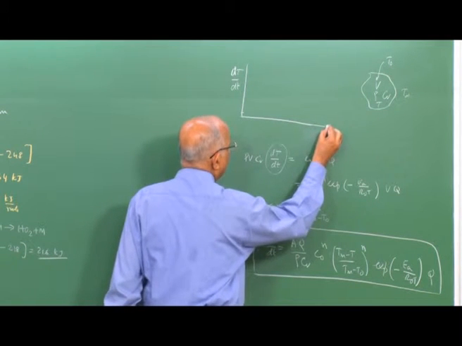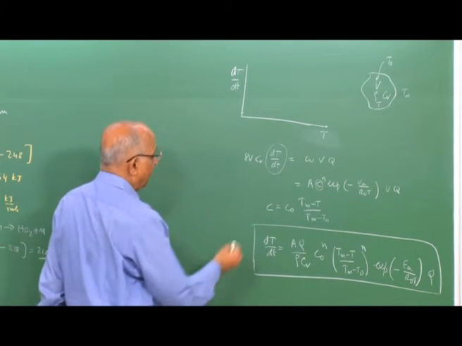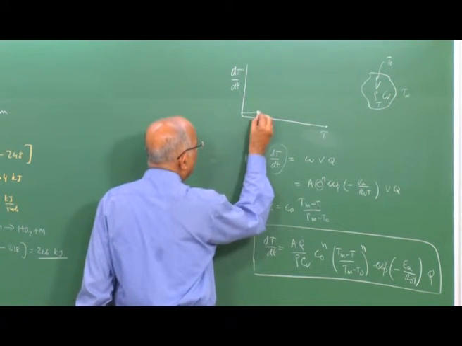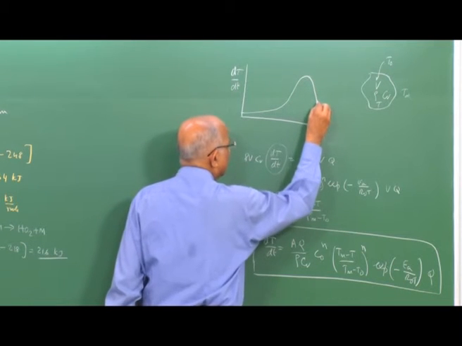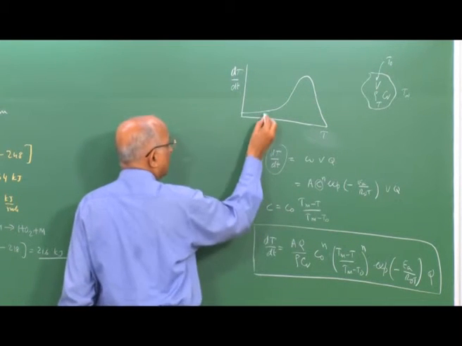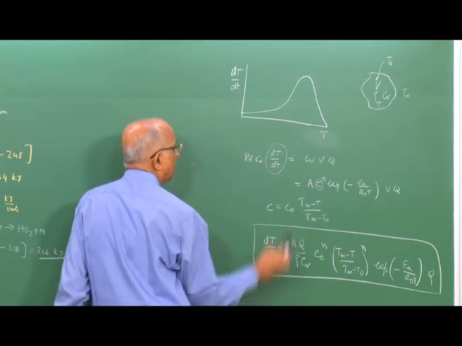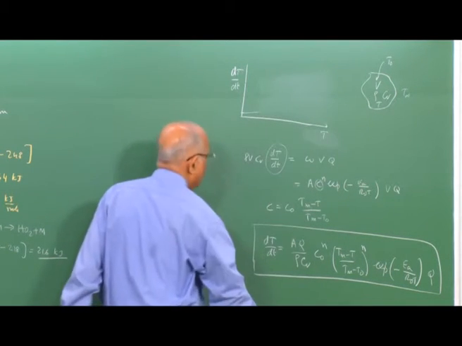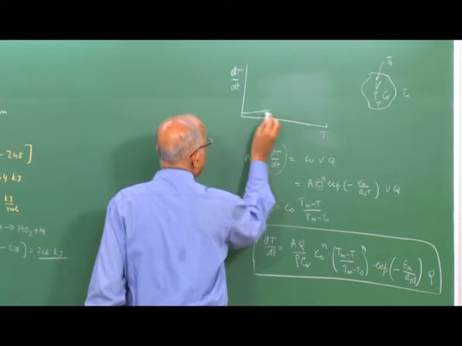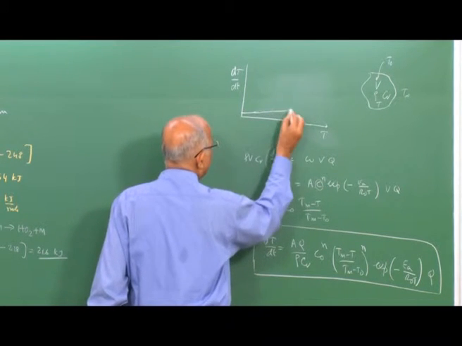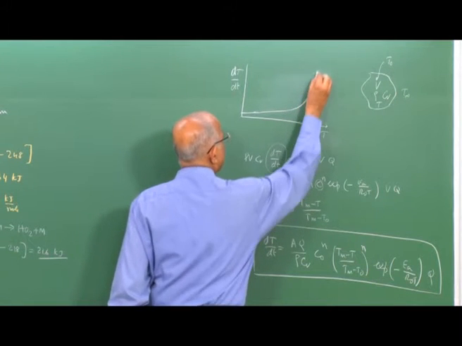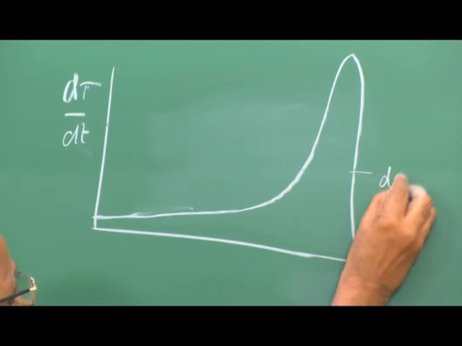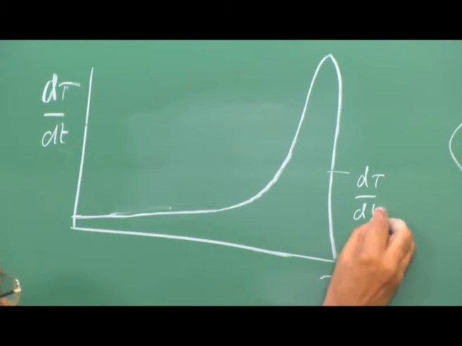And in between, if my activation energy is large, like what we have been talking earlier, the temperature increase goes after a long induction time. Initially the temperature increase is small because the activation energy Ea controls it. After some time, it peaks like this and comes down to 0 over here. This is the type of dT over dt curve.